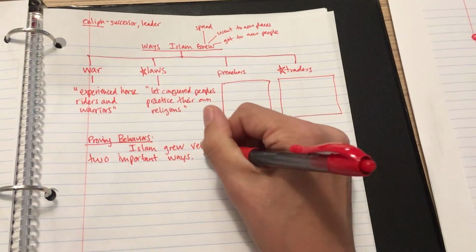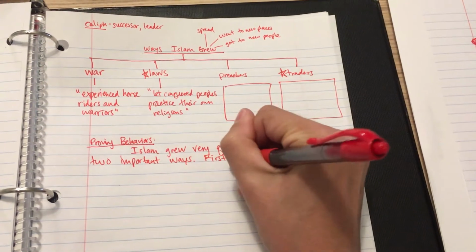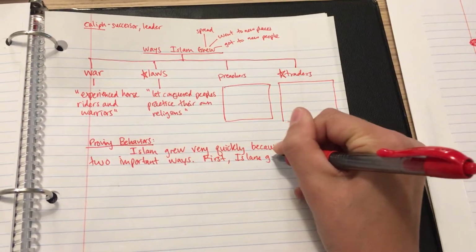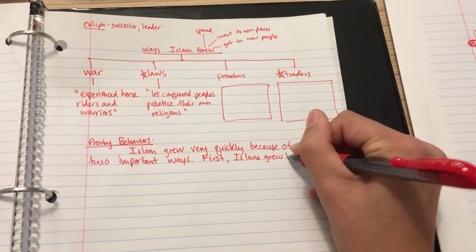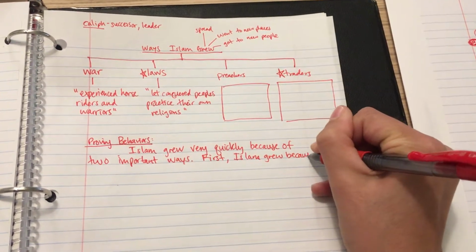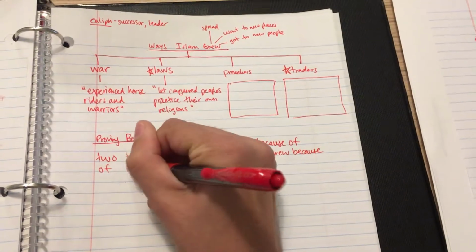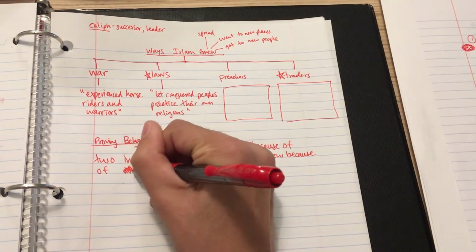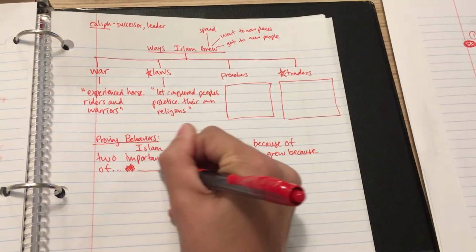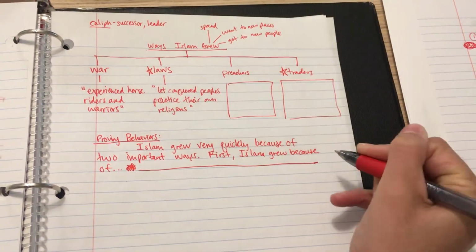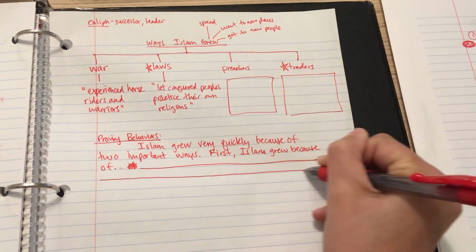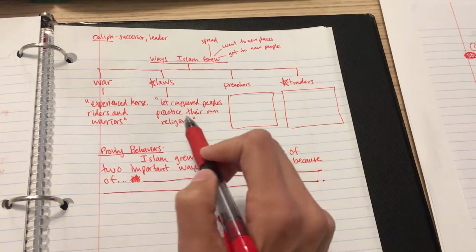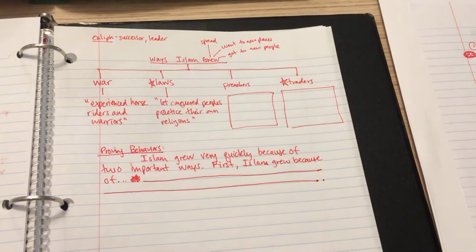So I'm going to say, first, Islam grew because of, and then you can put your first way that you think is the most important. So you can go ahead, I would put in about laws, but you might have started different ones. You want to put in whatever one you started.